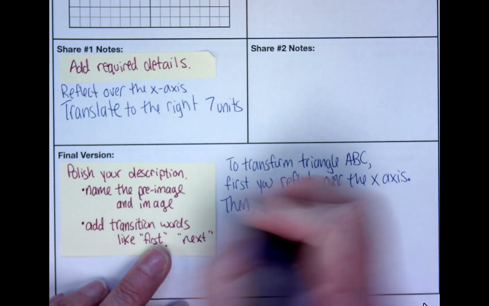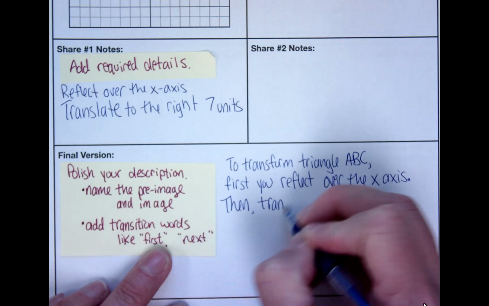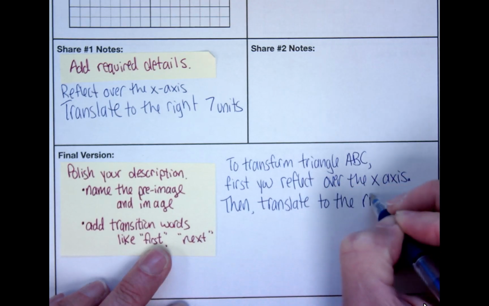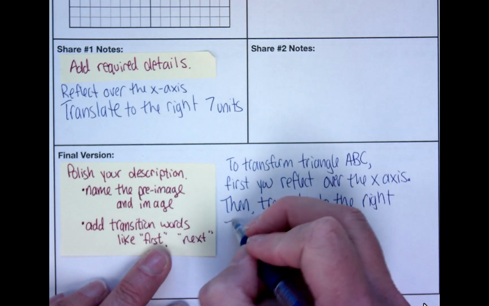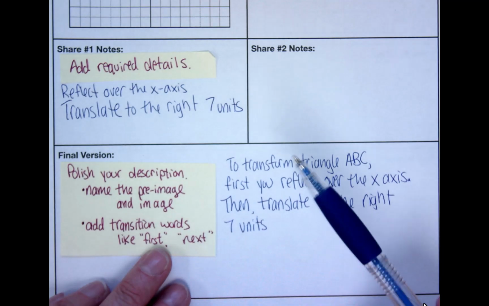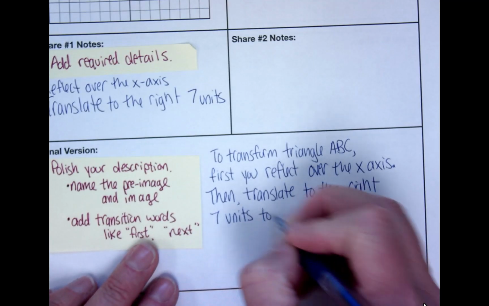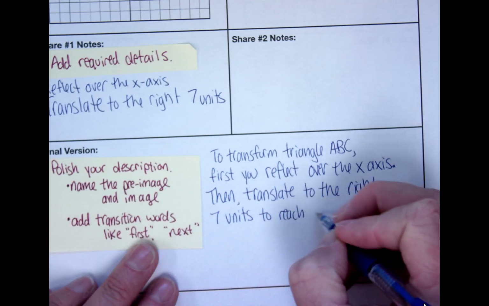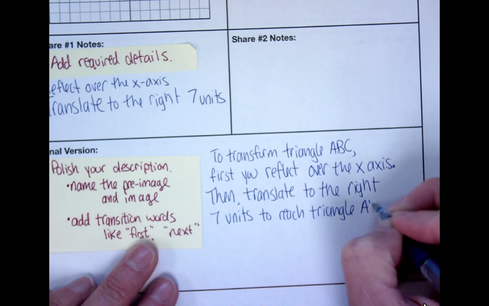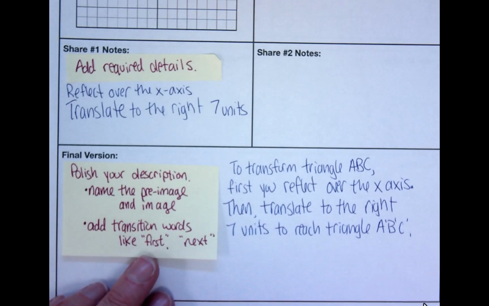Then I'm going to translate to the right 7 units. To reach triangle A prime, B prime, C prime. Those primes let us know that that's where we finished up.